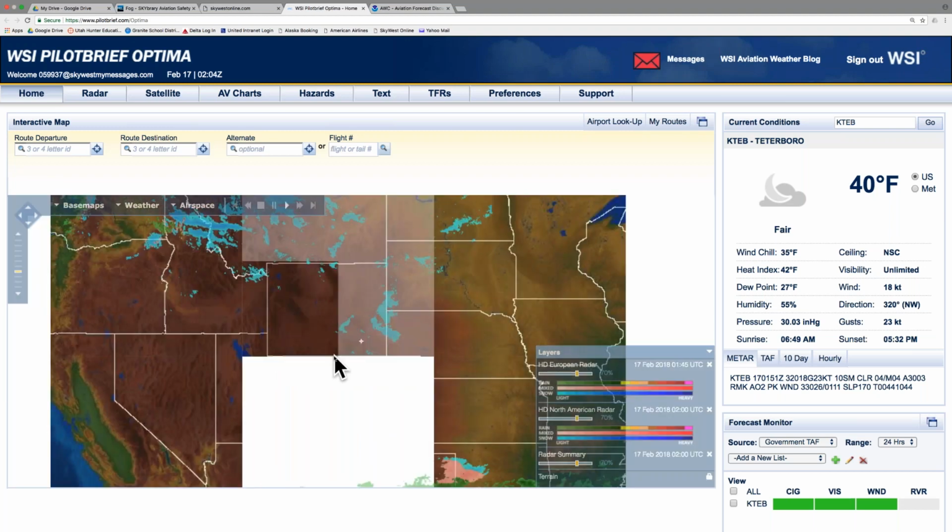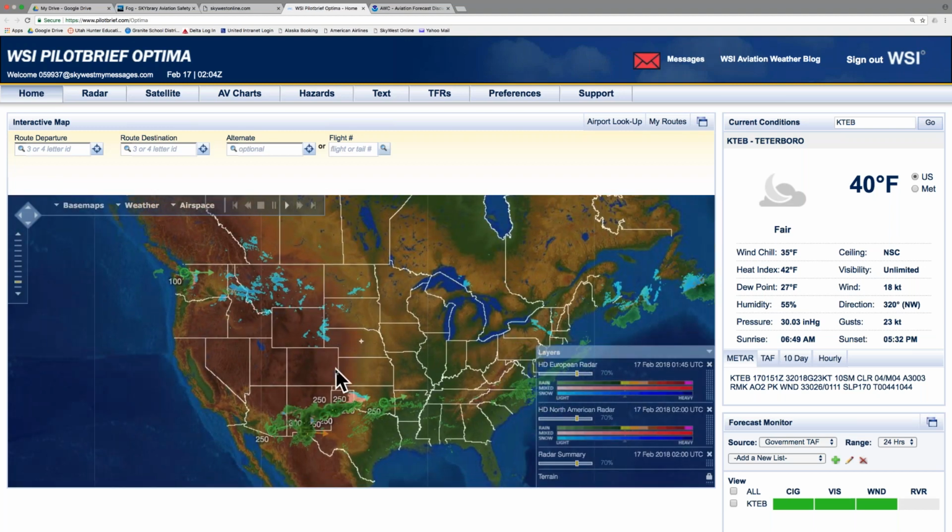Another thing that happened today, my brother dispatched a flight, and it was the first diversion of the day. It was going into Pueblo, Colorado.